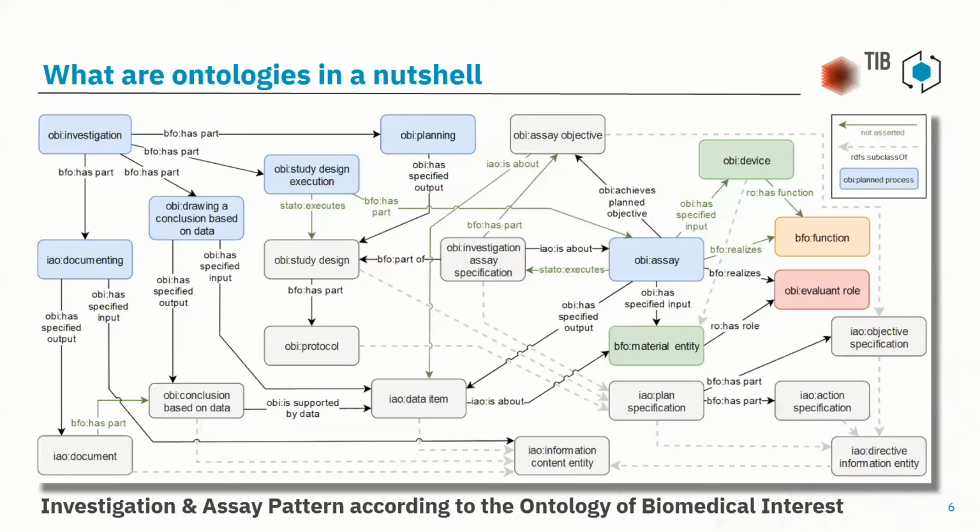I don't think I should go much into detail of what you can see here, but basically the classes, like OBI planning and OBI assay, are connected by arrows, and the arrows represent the relations. So an investigation always has as part a study design execution, which has as part usually an assay, which executes a certain specification.